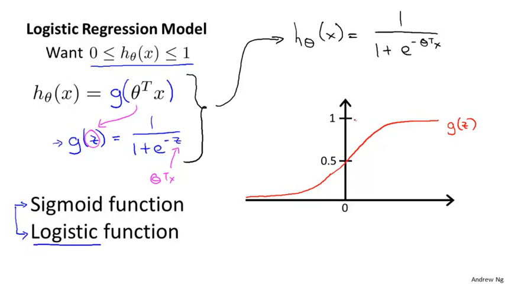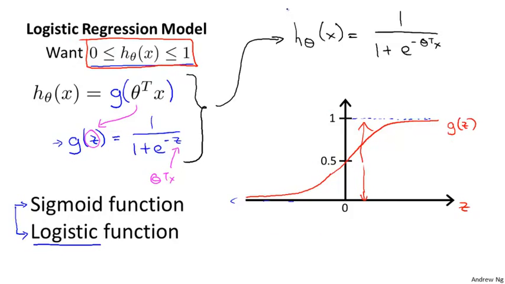And you notice that the sigmoid function asymptotes at 1, and it asymptotes at 0 as z, I guess the horizontal axis is z. As z goes to minus infinity, g of z approaches 0. And as z goes to infinity, g of z approaches 1. And so because g of z outputs values that are between 0 and 1, we also have that h of x must be between 0 and 1.